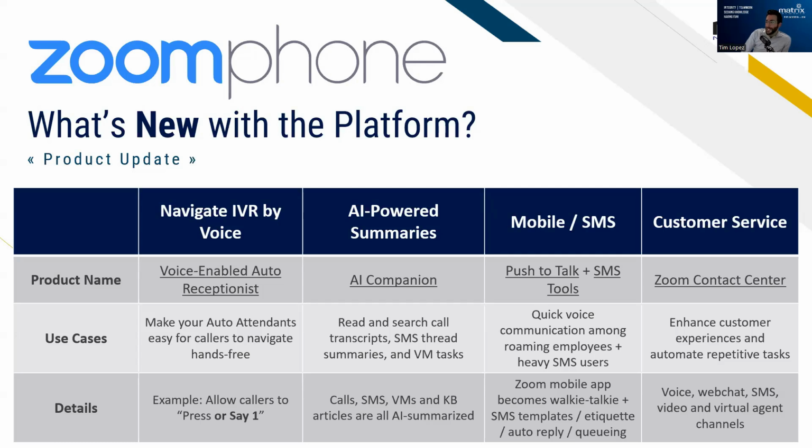Okay, so SMS. I have SMS tools on here too. Zoom is above and beyond what others do in terms of its SMS tool set, and they've been investing in this. They can enable custom SMS templates, so speed up repeated communications. They have an SMS etiquette policy, which is cool. You define keywords in a policy that prevent an unapproved or inappropriate message from being sent from your system.